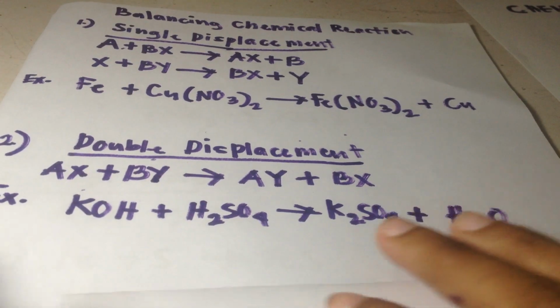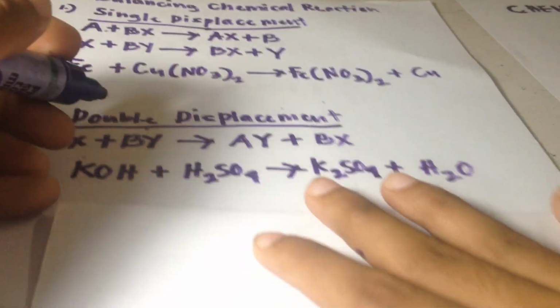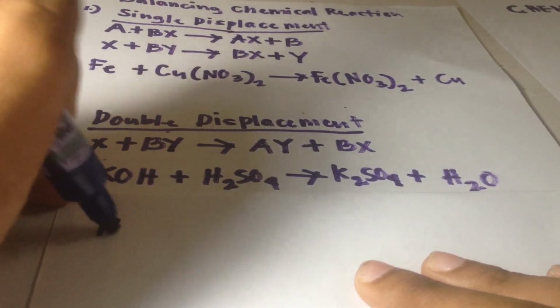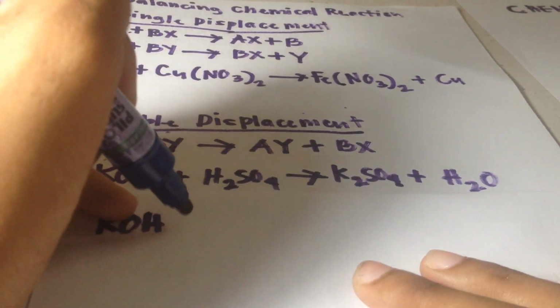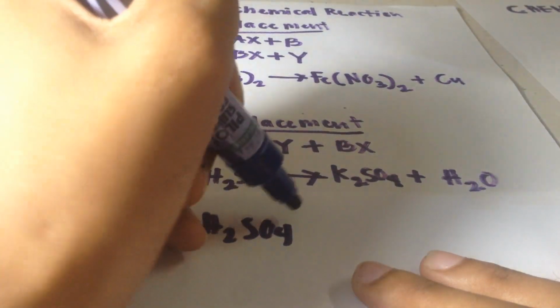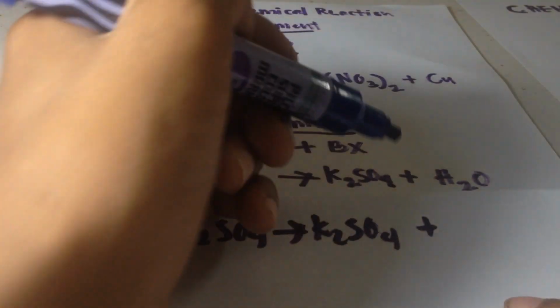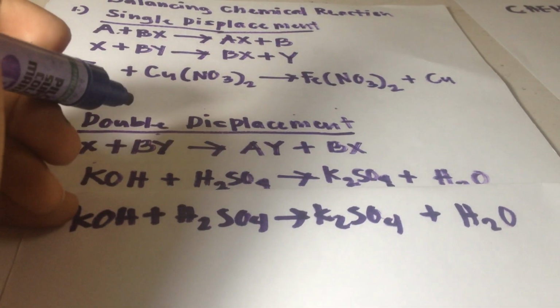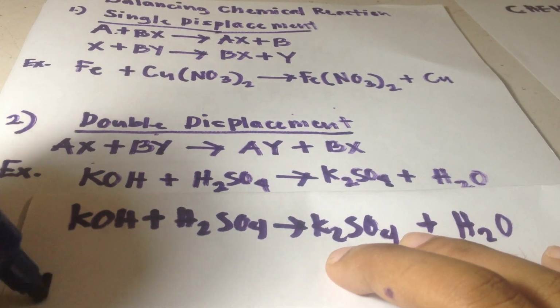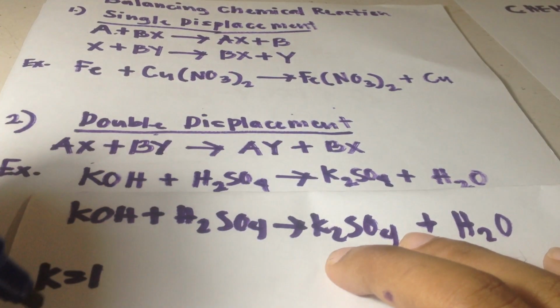Okay, so you write potassium hydroxide plus sulfuric acid reacts to potassium sulfate plus water. In potassium, we have a subscript of 1. K has a subscript of 1.